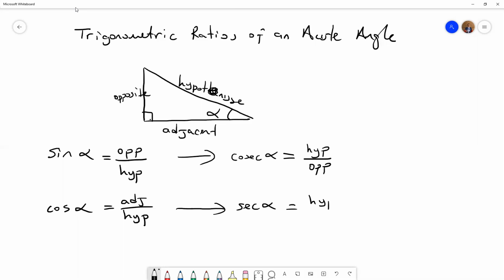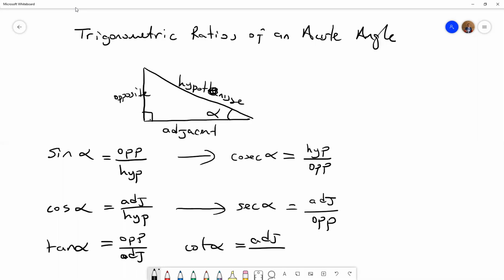Second is tangent alpha is equal to opposite over adjacent, and cotangent alpha is equal to adjacent over opposite. Yeah.